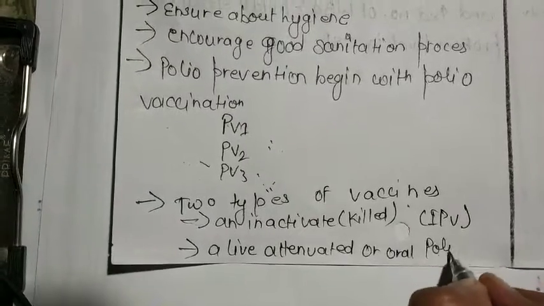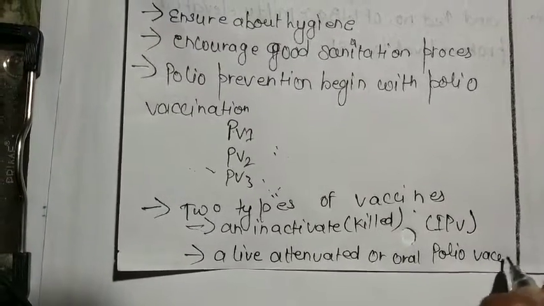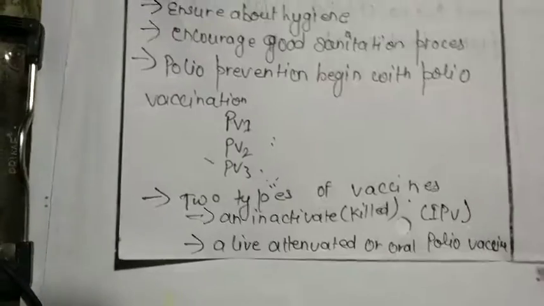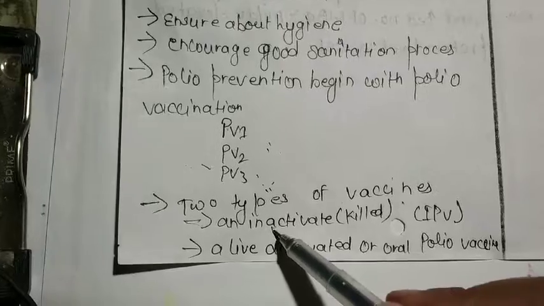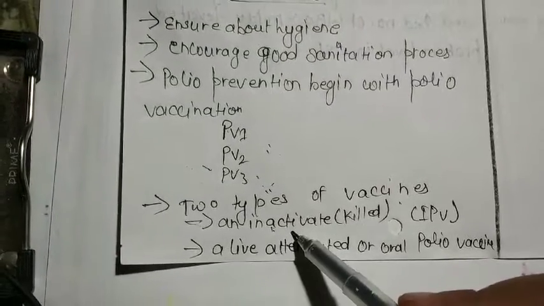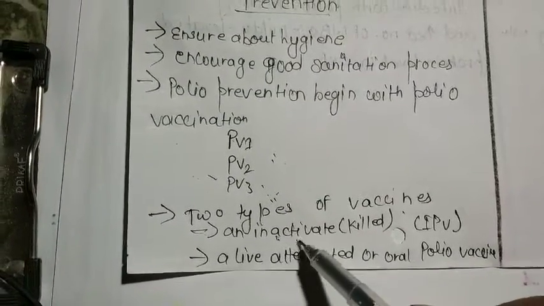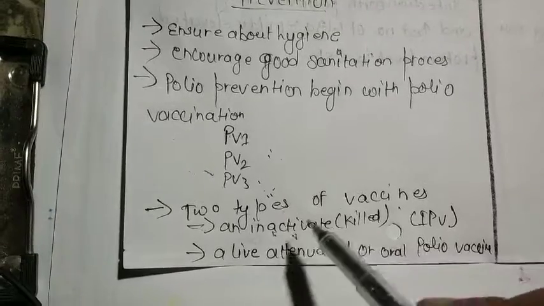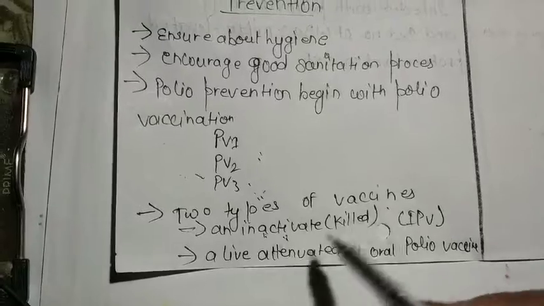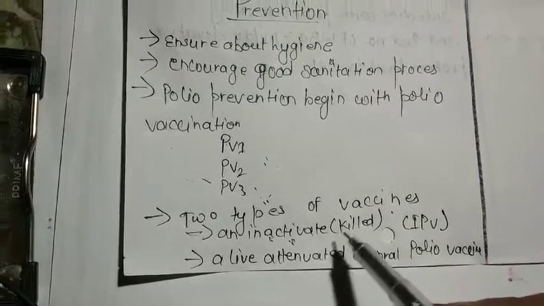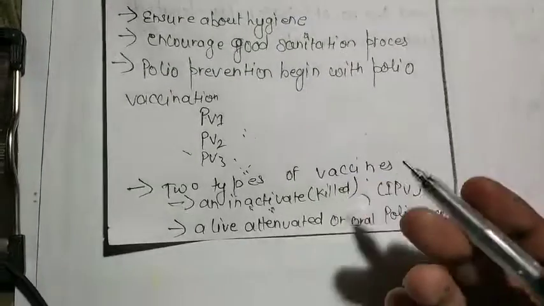Oral polio vaccine. Here, for inactivated killed vaccines, we use the same organism and, by culturing it, we use physical things like heat or formalin to kill that organism.